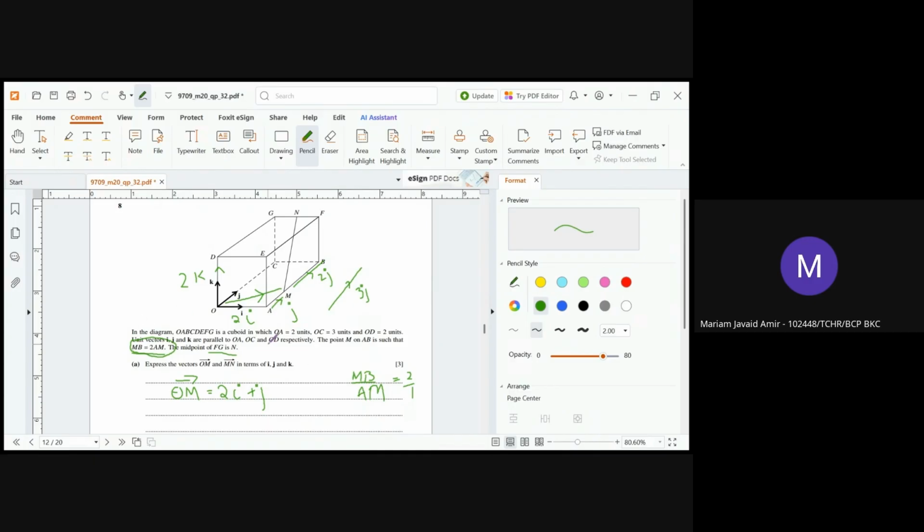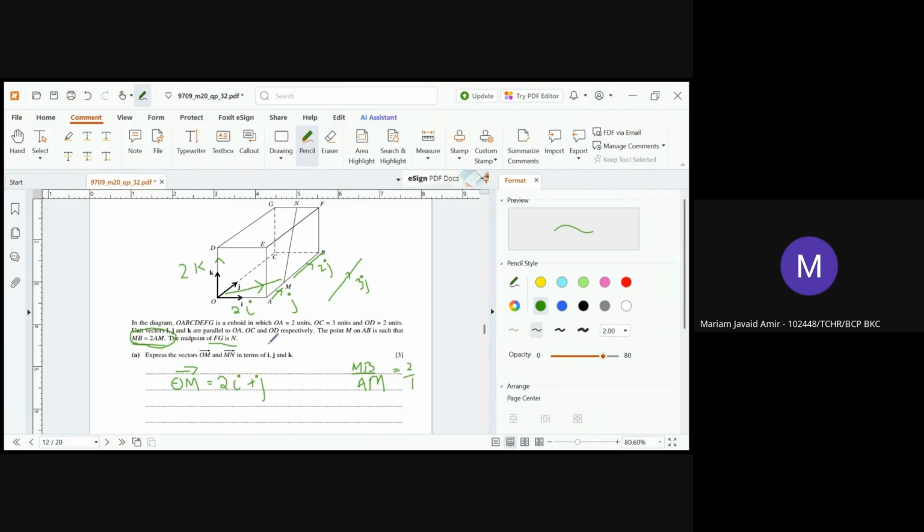Okay. Next is vector MN. So we have to go from M to N. We can also do ON minus OM by using the position vectors.